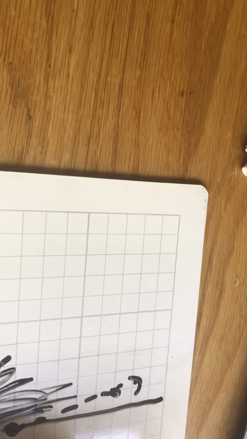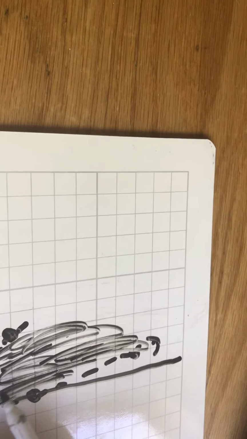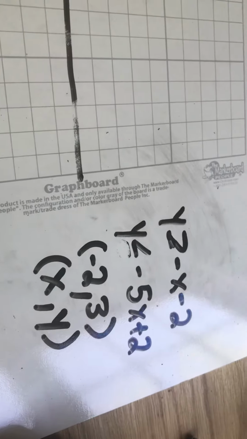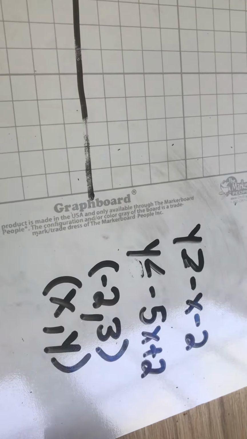Now, just to prove things, and I want you to do this so that you understand the answers, let's find an ordered pair in this region. So we're going to go ahead and do negative 2, positive 3. Remember, our negative 2 is our x and our positive 3 is the y.